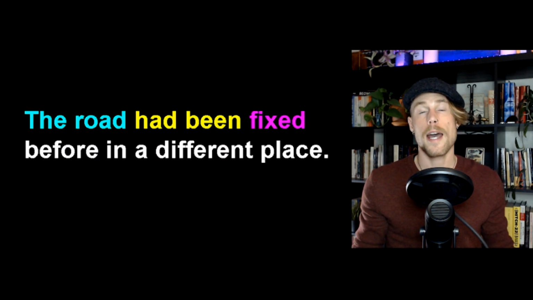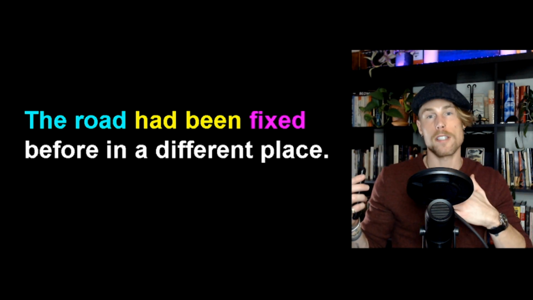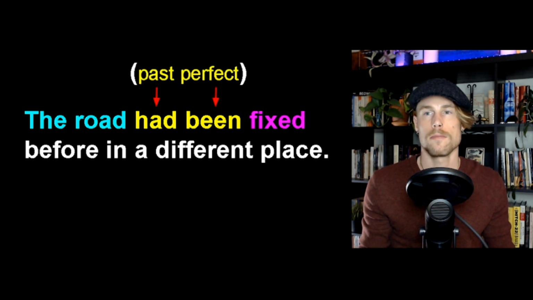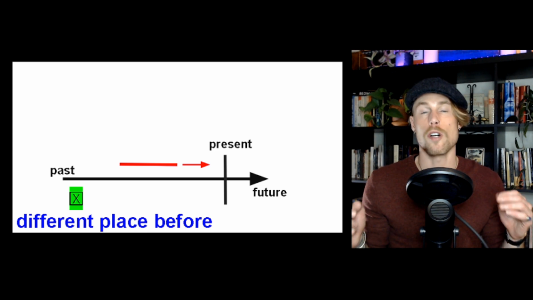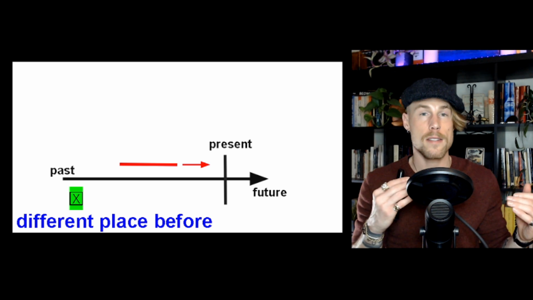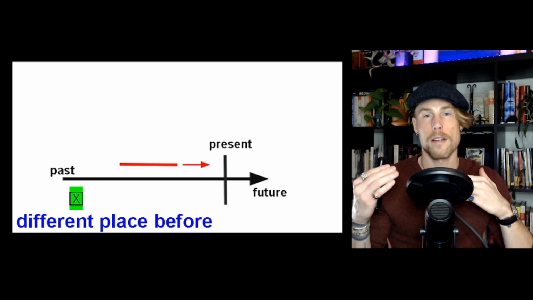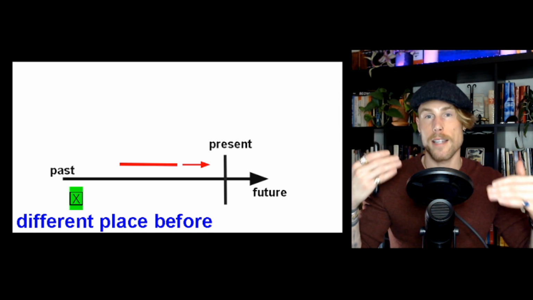The road had been fixed before in a different place. Past perfect. So you can see the green X. This is a different place and before the construction now or last night, yesterday.